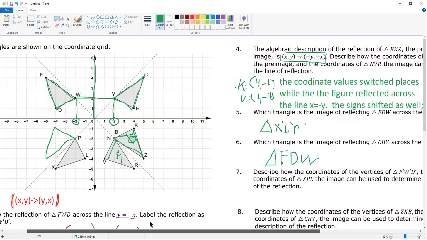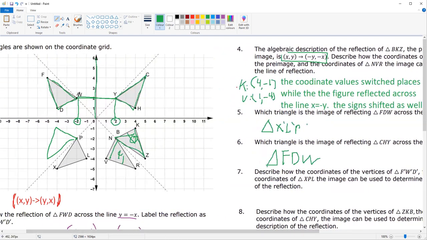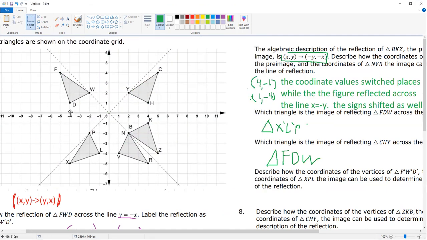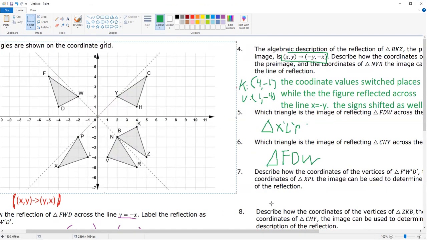All right, the next thing here is describe how the coordinates of FDW, which we don't have anymore anyway. I'll just go ahead and copy this thing again and draw these things again. We had this here. This was 2, 2.